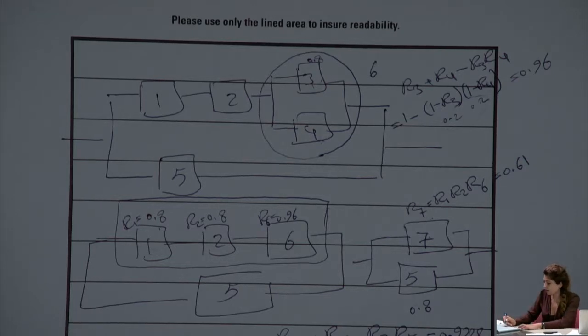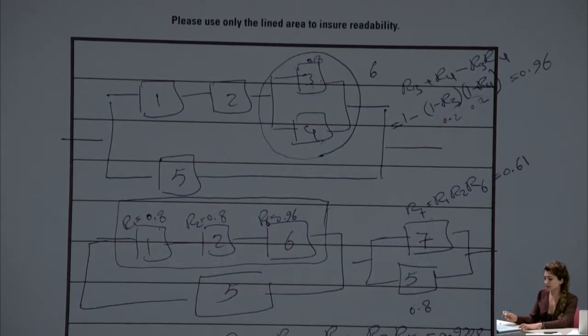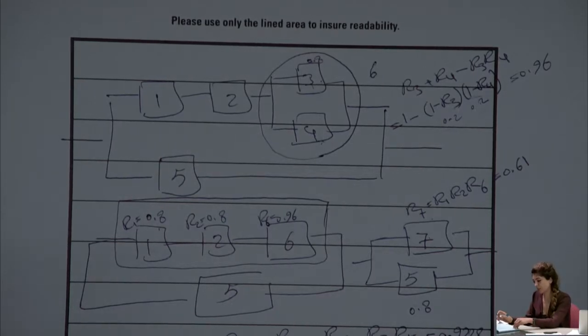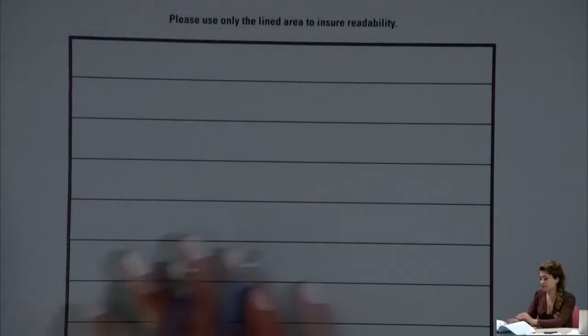So this is the reliability of the system, and QS is going to be the complement of that, which is 1 minus 0.9228. But let's calculate this in the next slide, and then see how we can come up with the same numbers that we got here.